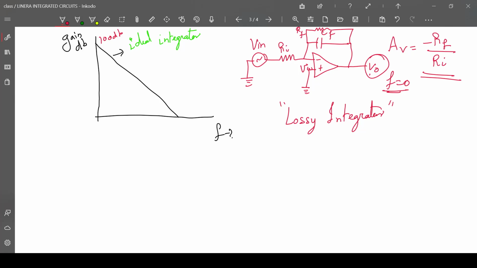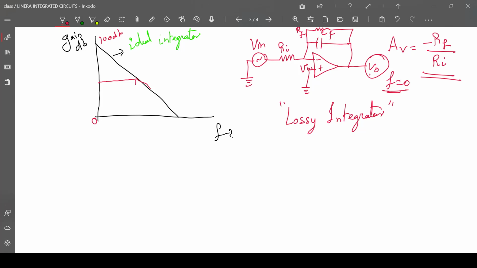So this integrator circuit response will change due to the addition of the feedback resistance. Even though zero frequency is there, you will get a smaller gain only, and then it will start to reduce.